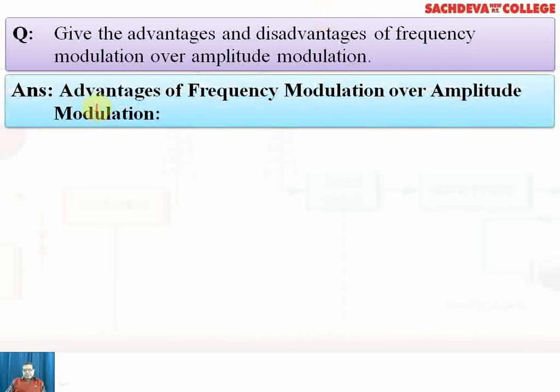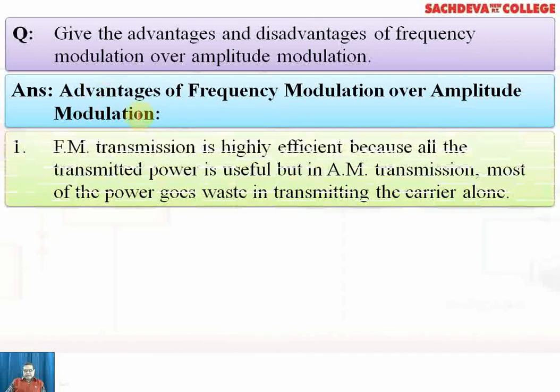Now, first of all, we proceed with the advantages of frequency modulation over amplitude modulation. The FM transmission is highly efficient because this type of transmission is in the form of pulses, so it is basically a digital communication. Here we don't adopt the analog system, so it is a very effective one, and it is very fast also.